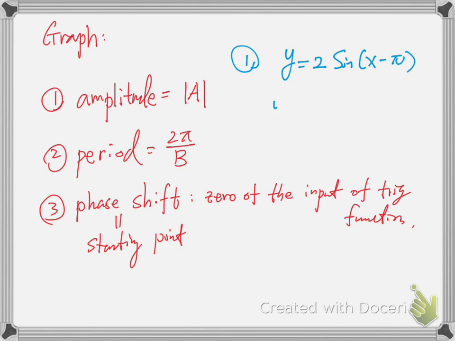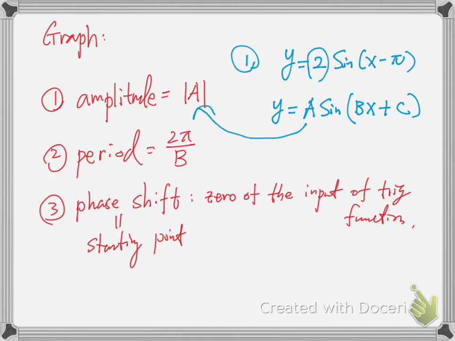The regular form is y is a sine of bx plus c, or minus c. Here a is the amplitude, so for this example a is 2. And b is the multiplier of the letter x, the angle x. So b is 1 for this example.